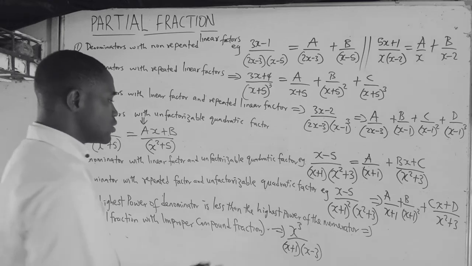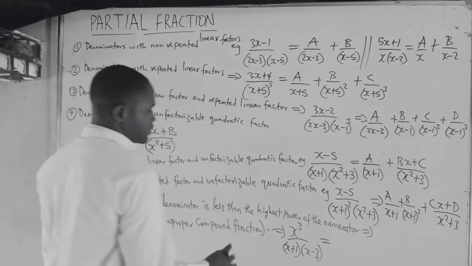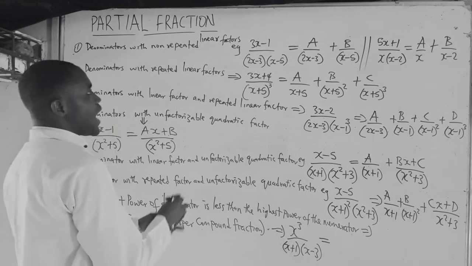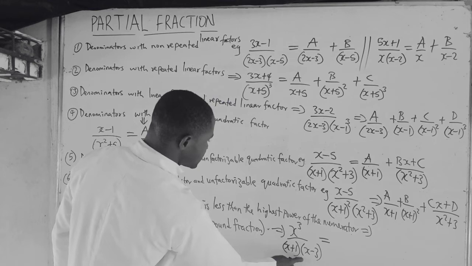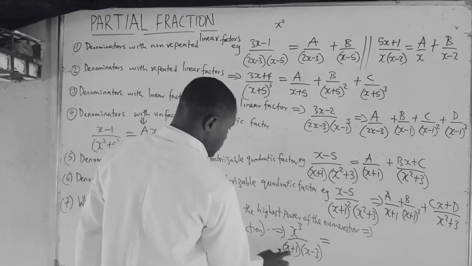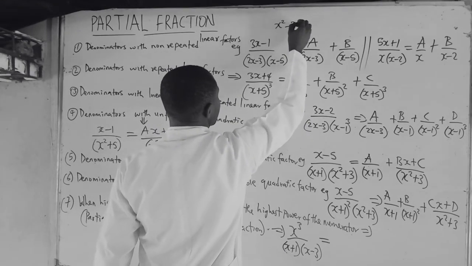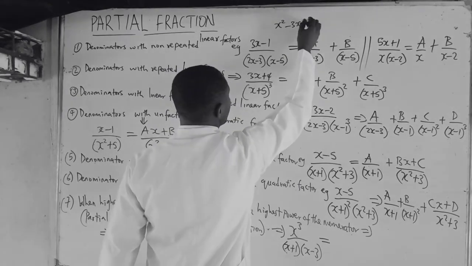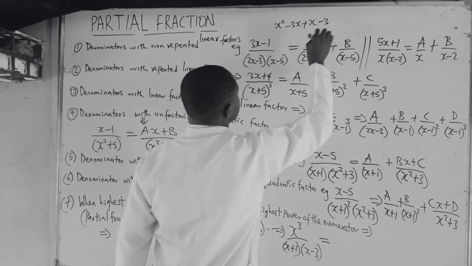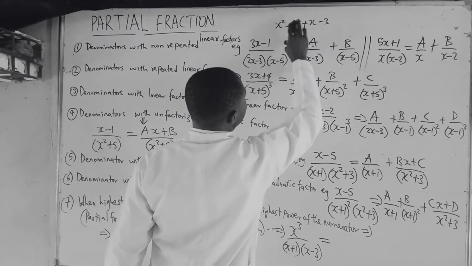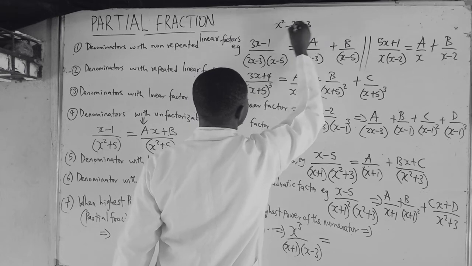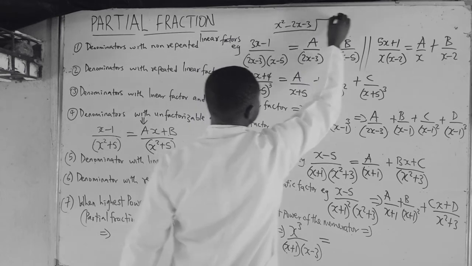If you expand the denominator, you will have x squared, this times this minus 3x, plus x, minus 3. So that will be giving us x squared minus 2x minus 3. We put it this way.